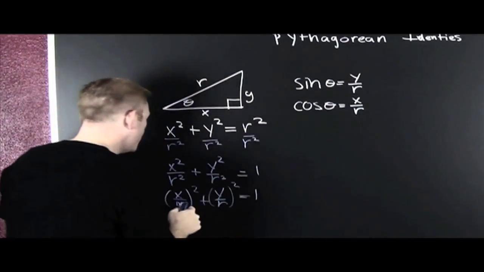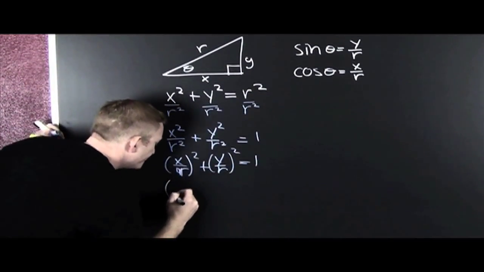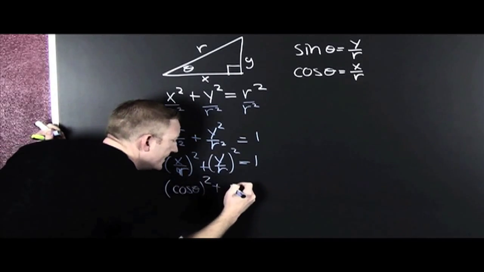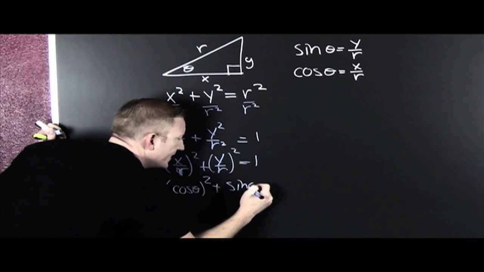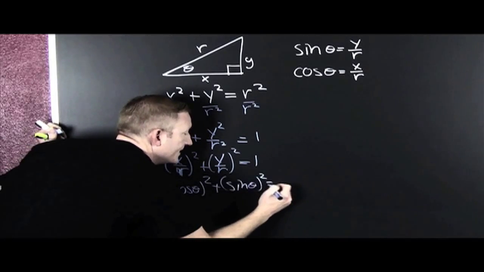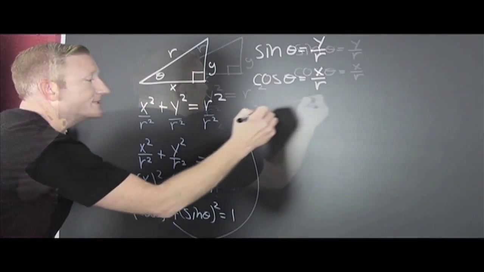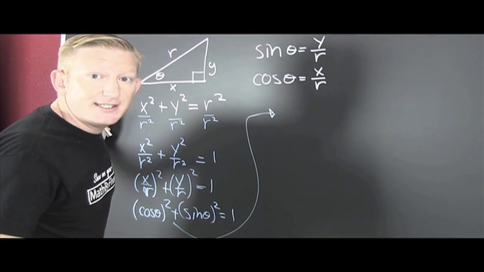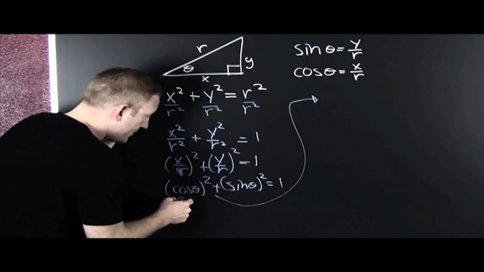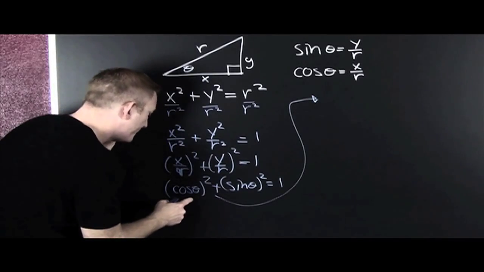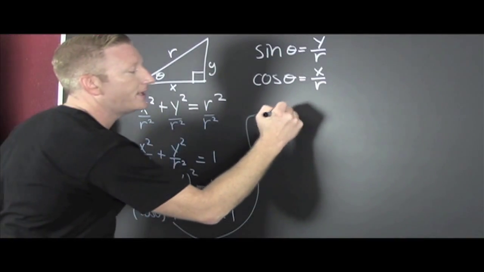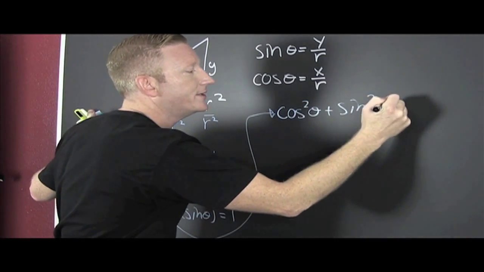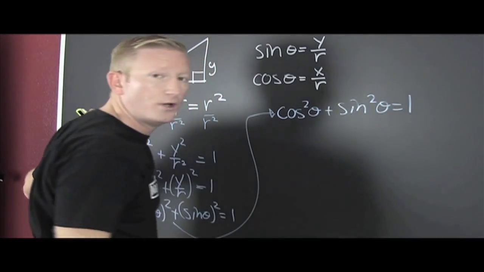So I throw those in there: x over r is the cosine of theta, squared, plus the sine of theta, squared, equal to 1. And we get the first of our Pythagorean identities. Trig is notoriously lazy, so it's written as cosine squared theta plus sine squared theta equals 1.